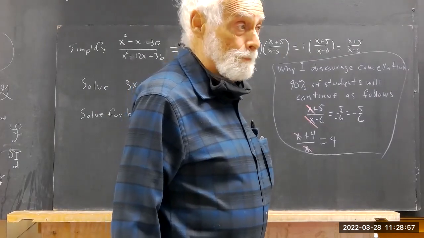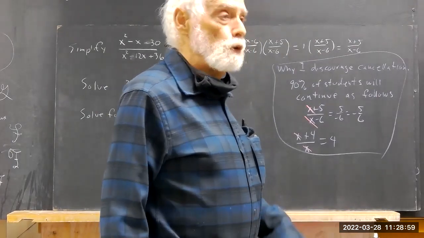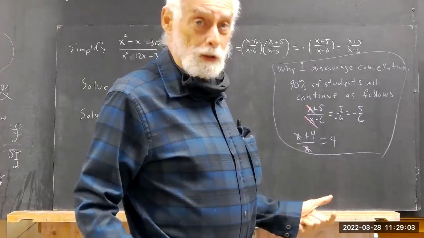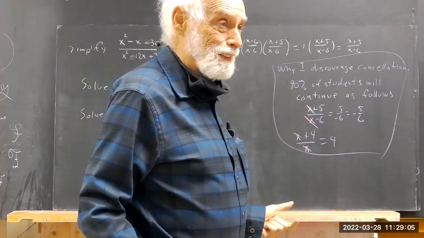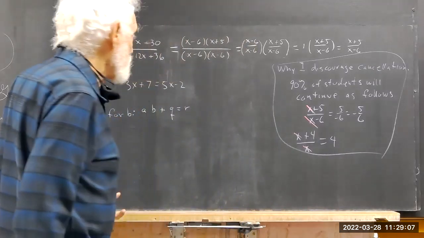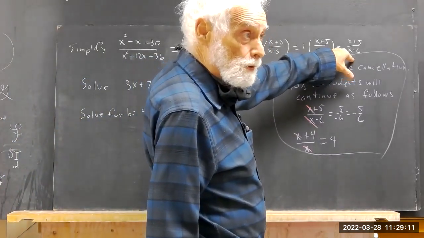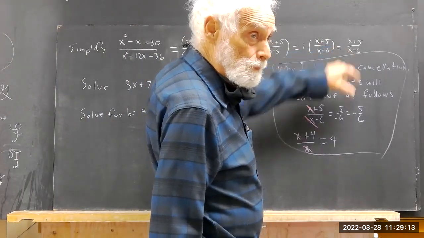Okay? I picked 4.7 because you could accidentally pick like -5 or 6. 6 wouldn't be good at all because your denominator would be 0.